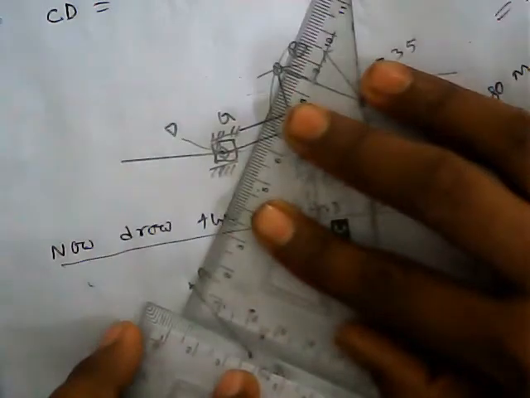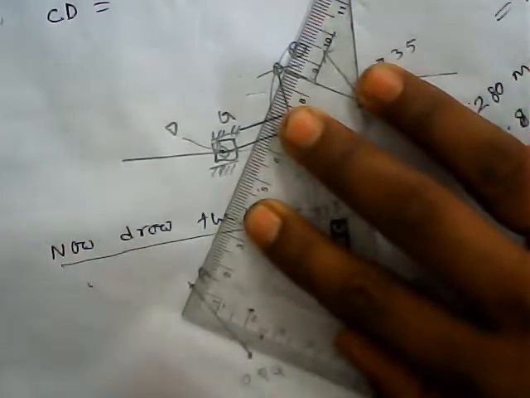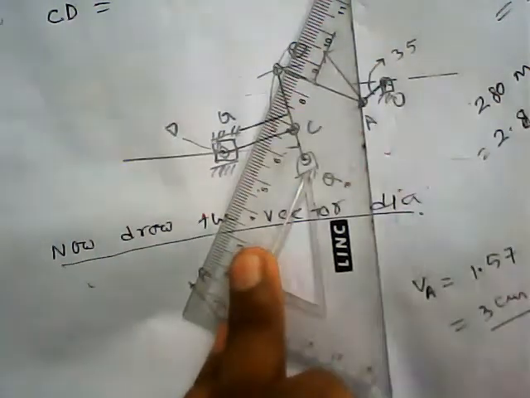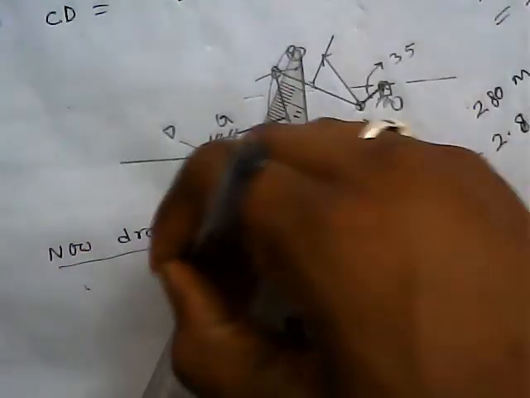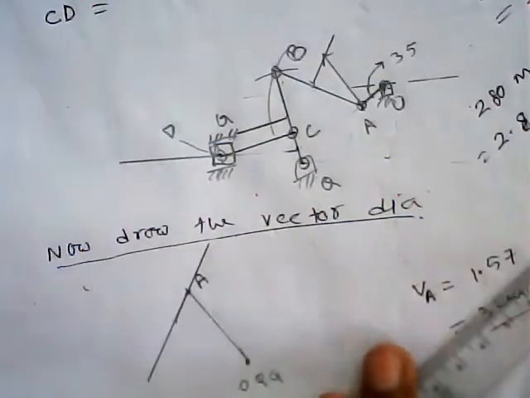Support another side and the scale slide. Draw the line. So this is the parallel line of the velocity direction.